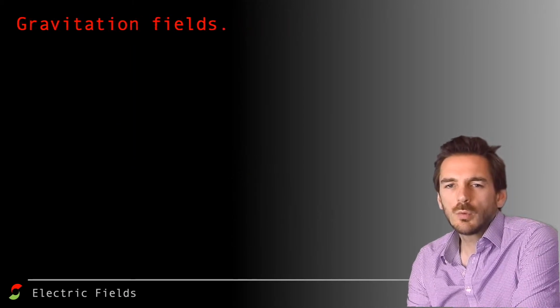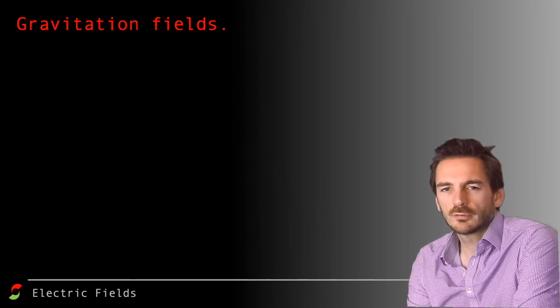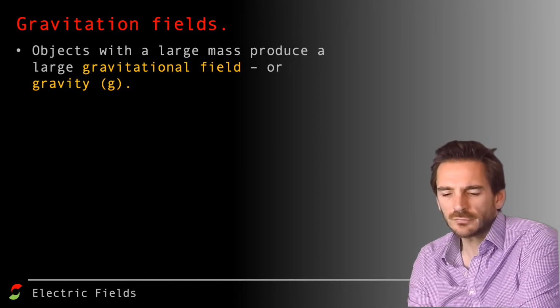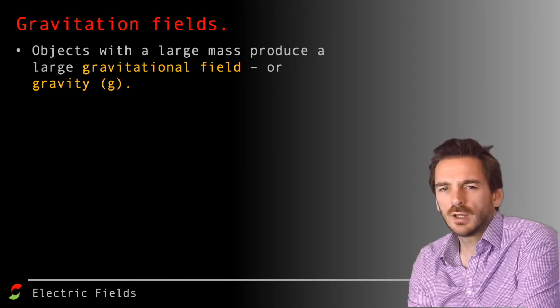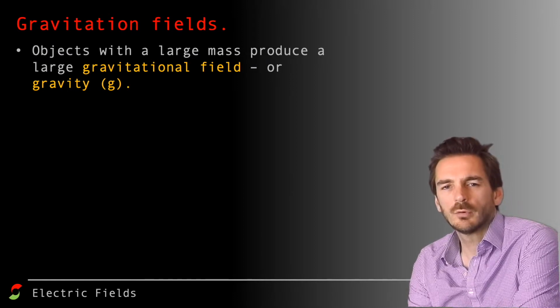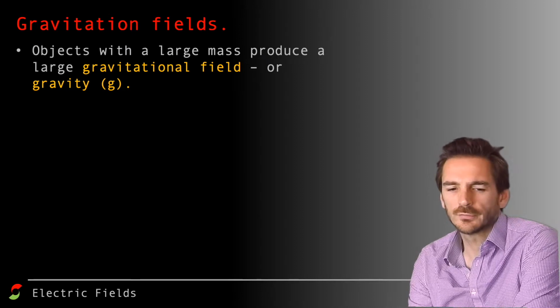So we're all aware of gravitational fields. It's probably the most common field that you're going to be aware of. So to start off with, we're just going to do a little introduction onto that. Gravitational fields are produced by objects that have mass. Every object that has mass produces a gravitational field, and the larger the mass, the larger and more significant the gravitational field.